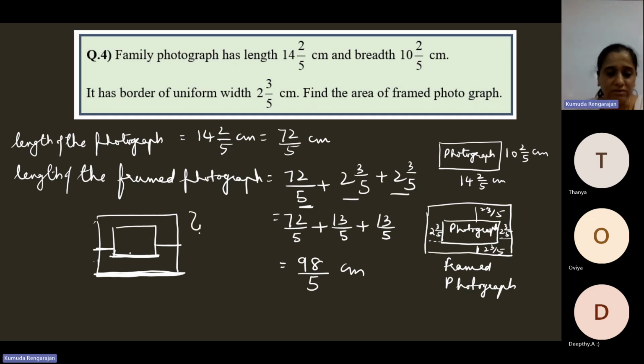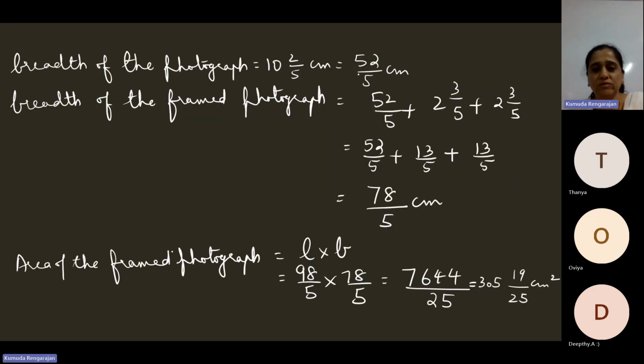Similarly, the breadth of the framed photograph is equal to the inner breadth plus the thickness on both the sides. Whatever is the outer breadth is equal to the inner breadth plus the thickness on either side. So the breadth of the photograph plus the thickness on both the sides will be the breadth of the framed photograph.